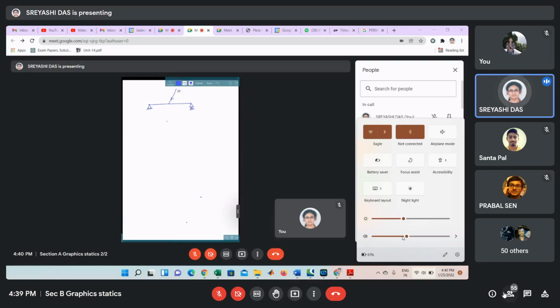Suppose this is 10 kilonewton force. So this problem, note it down. You will solve this problem. So this is 3, this is 4. So in this way the angle of this force is given. So suppose this is P point, this is Q point, and this is S point. So you have to find RP, RQ.